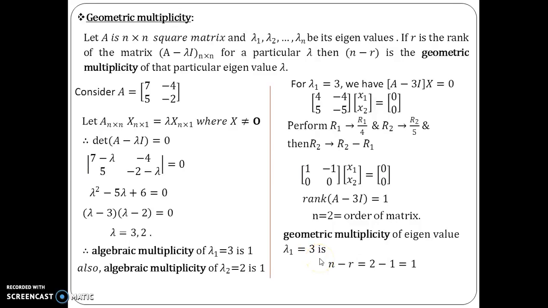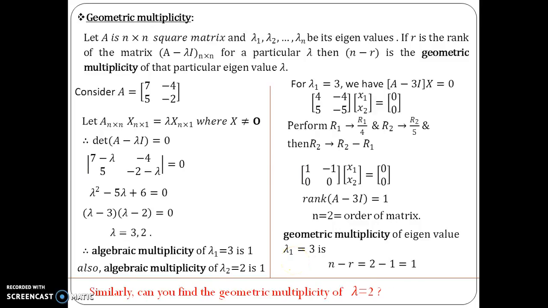So similarly, try finding out the geometric multiplicity of eigenvalue lambda 2 equal to 2. Okay, the answer is going to be 1. I'll tell you how. You just have to plug in over here in the same fashion.